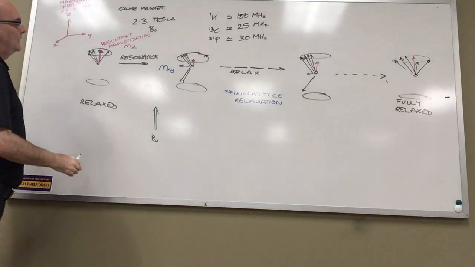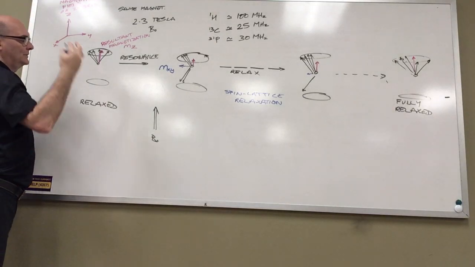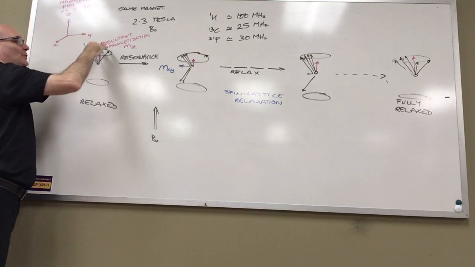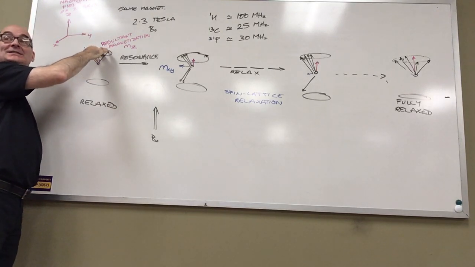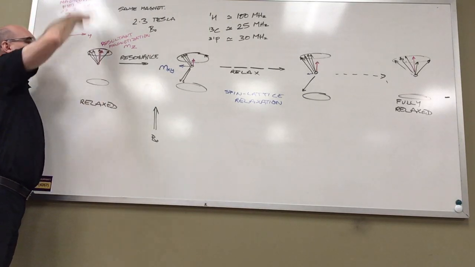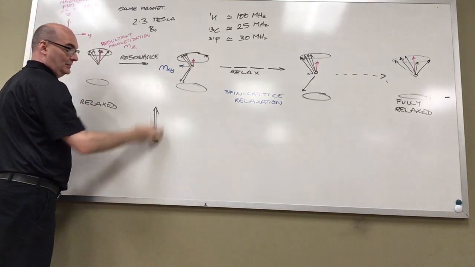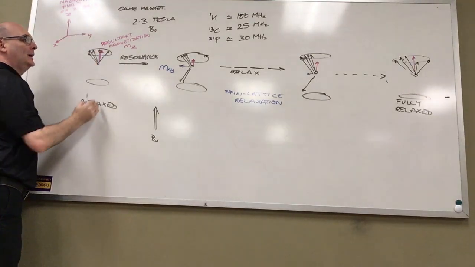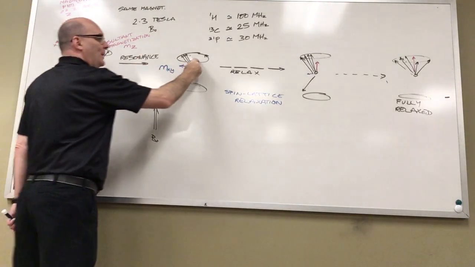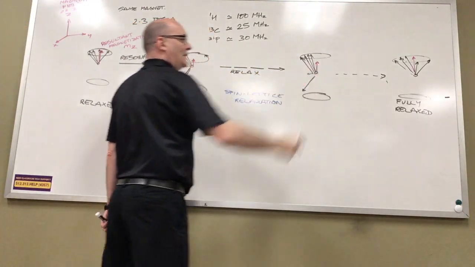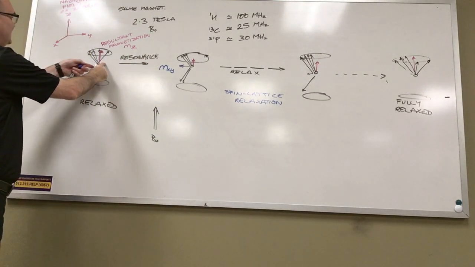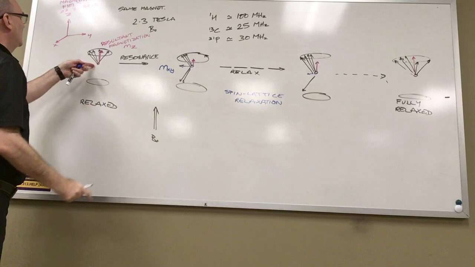And remember, if I put my detector here to try and measure what's going on in the z-axis, then I'm going to be flooded with this because my magnetic field is pushing that way. So I'm not really going to measure what's going on in the z-axis at all. I'm going to measure what's going on at 90 degrees to wherever I pulsed.